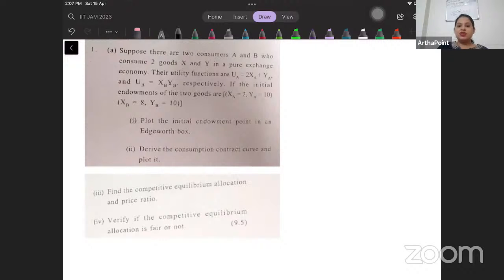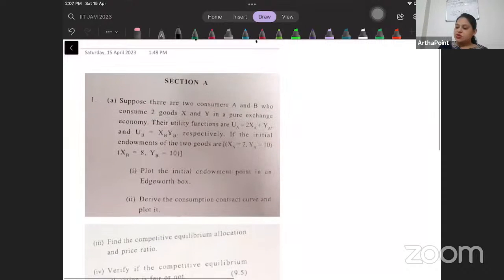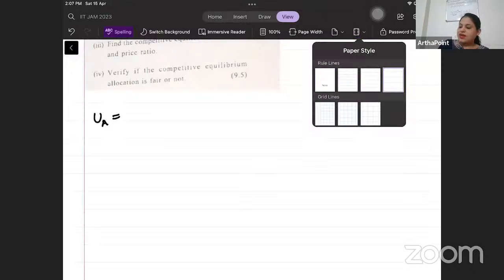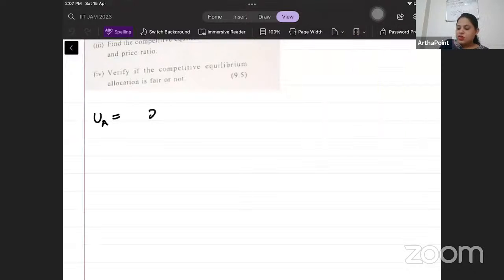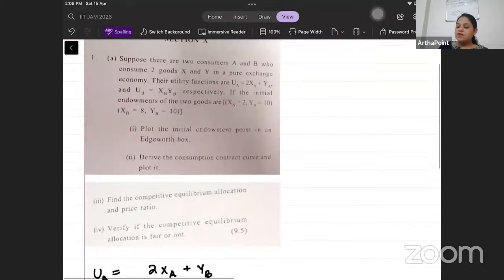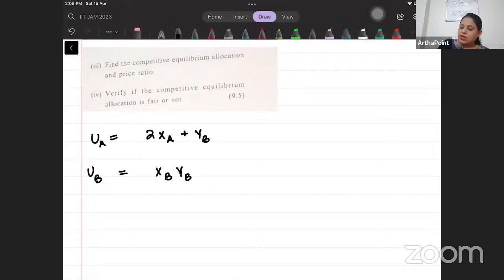The utility function of individual A is given by UA = 2XA + YA. The utility function of individual B is given by UB = XB YB.